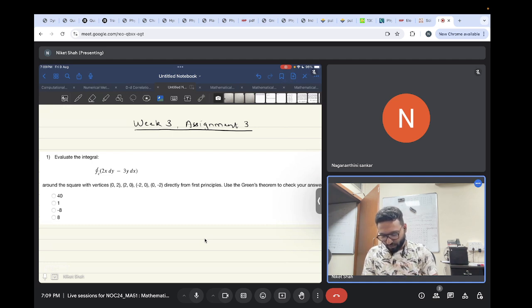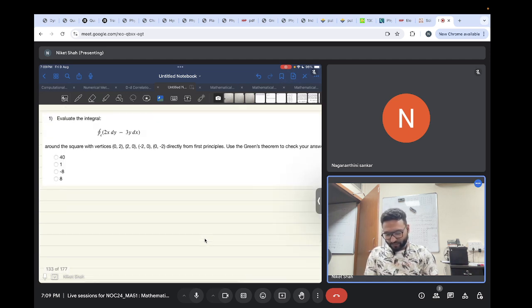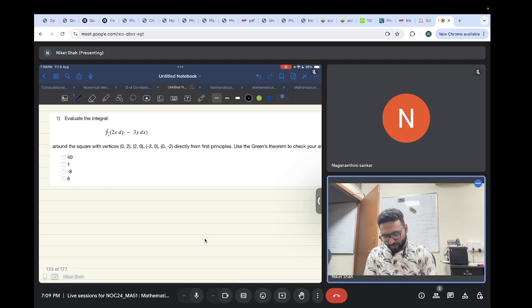Now, what is the contour? The contour is around the square with vertices (0, 2), (2, 0), (-2, 0), and (0, -2). And we're supposed to do it directly from the first principles. Okay, so let's do it.